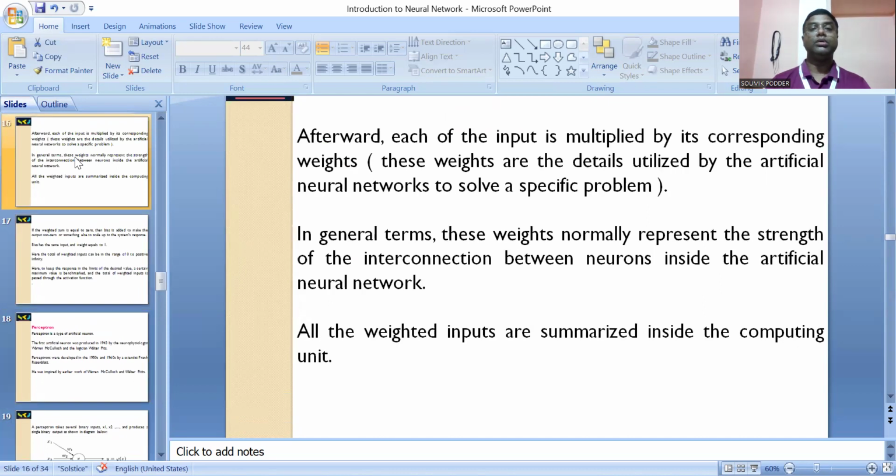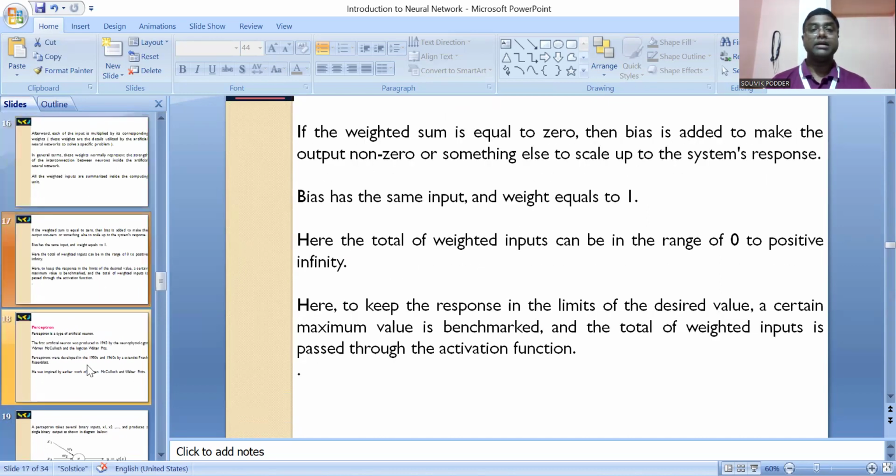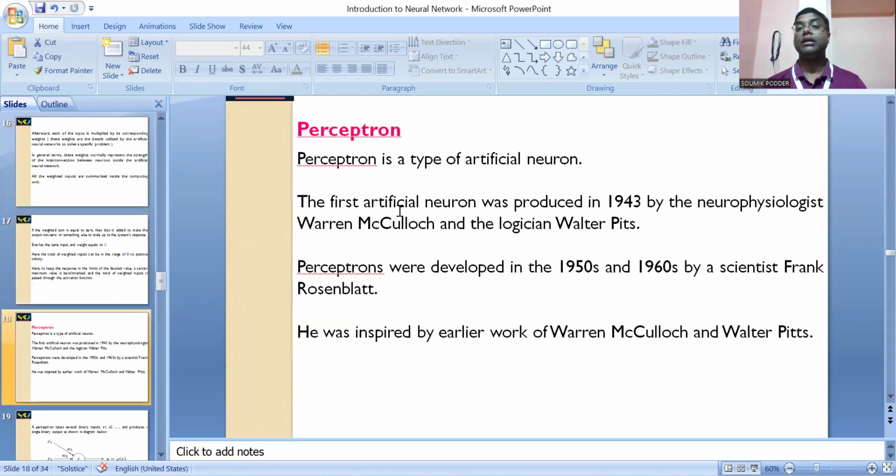Now coming to the perceptron. Perceptron is basically a single layer artificial neural network. So I cannot state that the perceptron is a neural network, but I can say that the perceptron is a unit or model of the ANN. ANN is basically a summation of perceptrons.